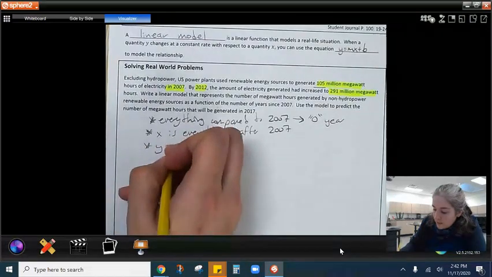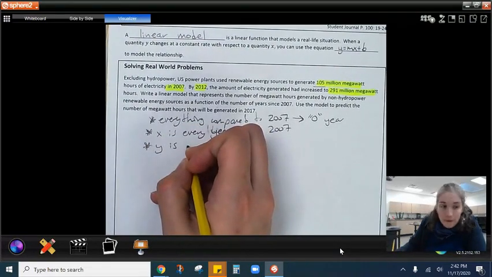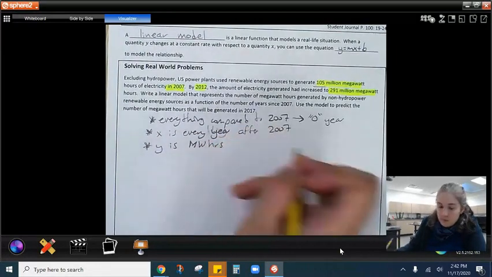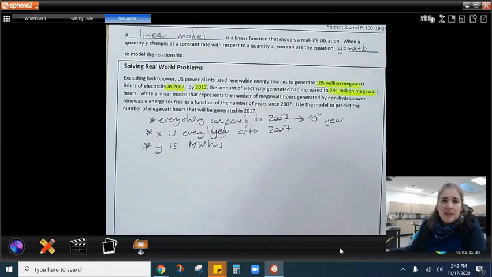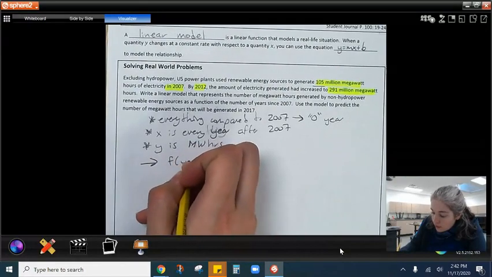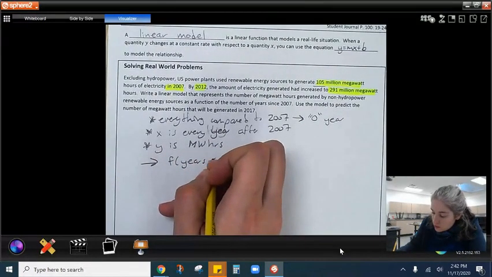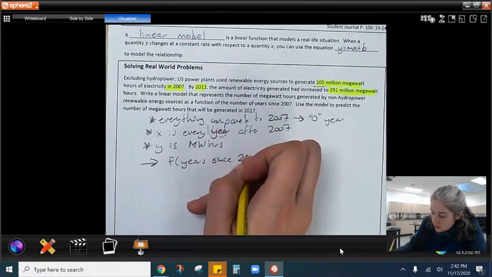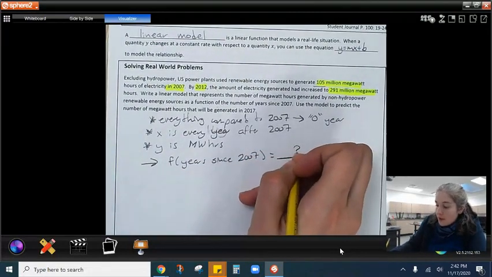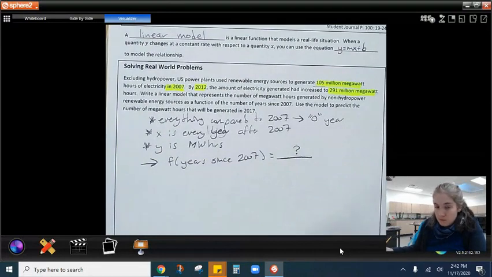So that means Y is our megawatt hours. And let's just call it our million megawatt hours, just to make it way easier that way. So if we write a function, it would be f of the years since 2007, and it's going to equal some amount of megawatt hours.